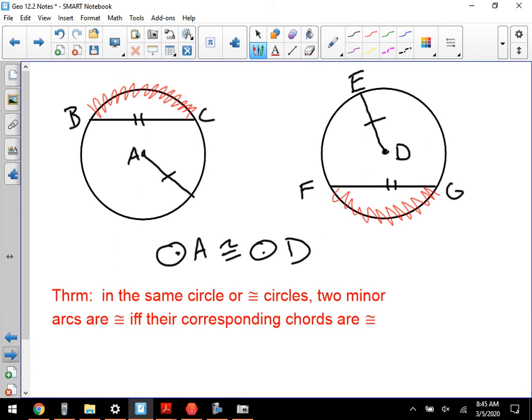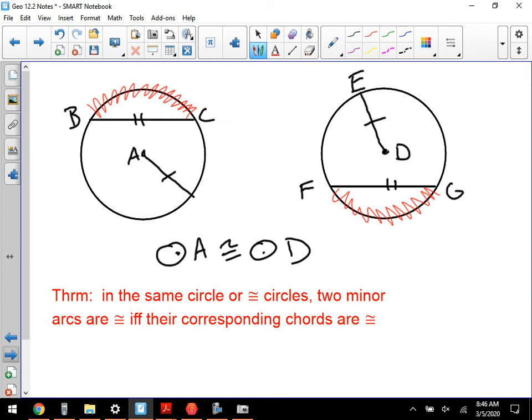If you start thinking about what this actually means, I'm just going to do this with one circle. If I draw that real fast and label it, let's do X, Y, and Z. If I say I have circle X, what are segments XY and XZ called in this diagram?